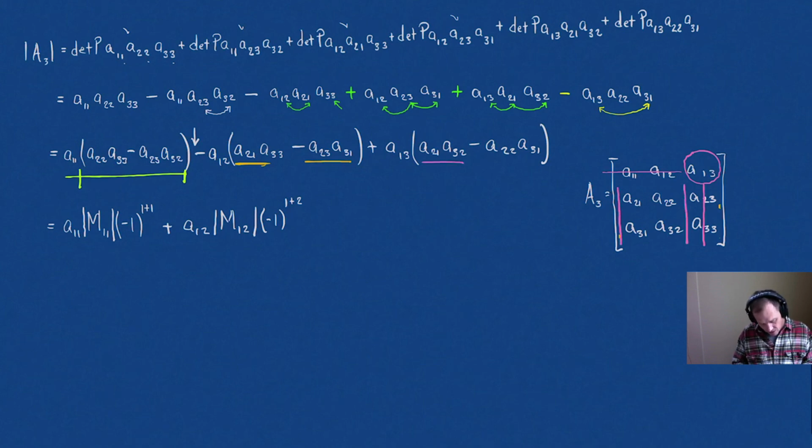Here's A21, A32. There's the diagonal part. Minus A22, A31. There's the anti-diagonal component. And so we can write this as plus A13 times the determinant of the submatrix M13 times negative 1 raised to the 1 plus 3.